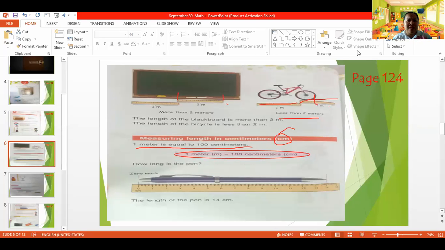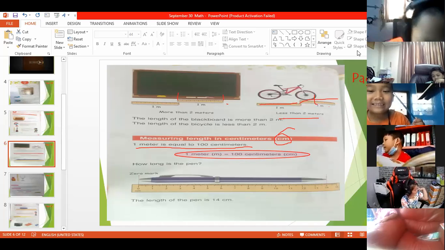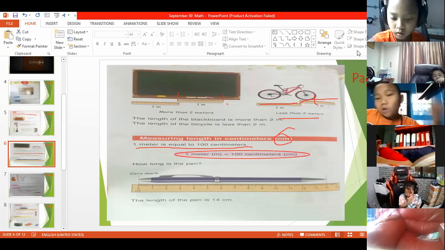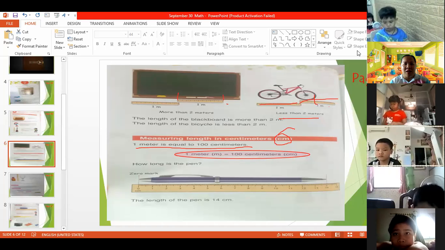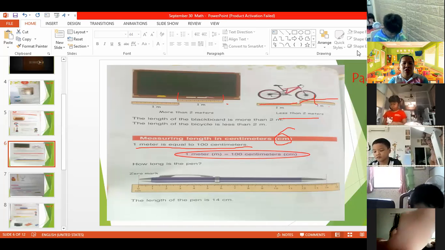I will ask you kids again: in 1 meter, what is the equivalent in centimeters? Anyone who can answer?